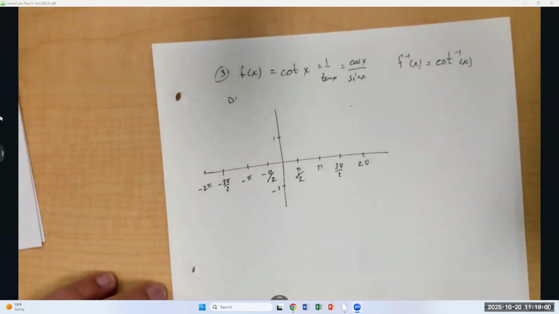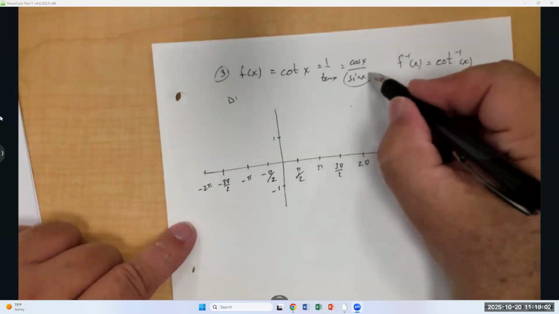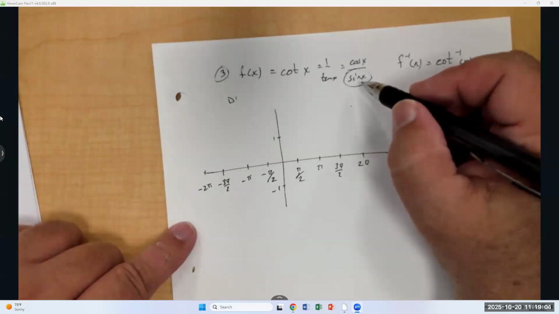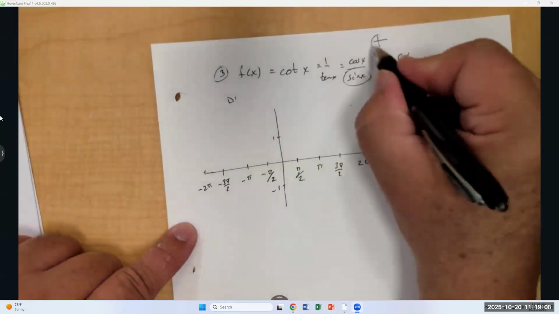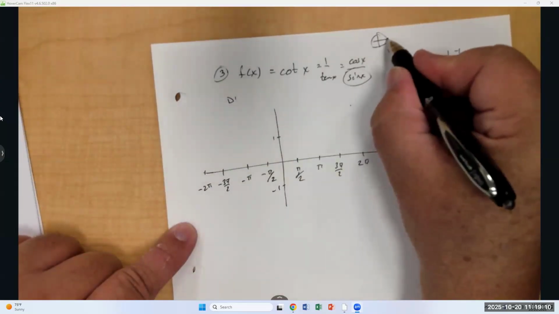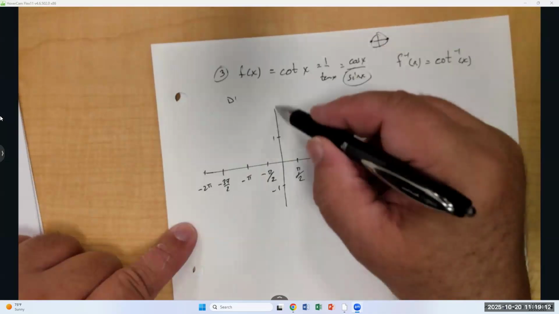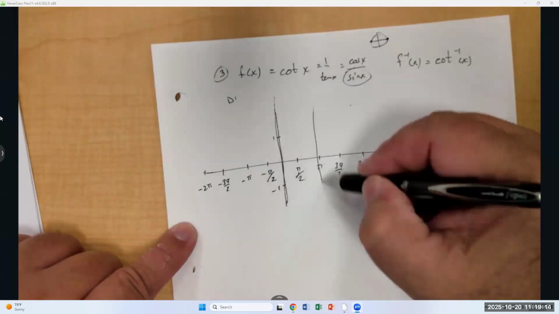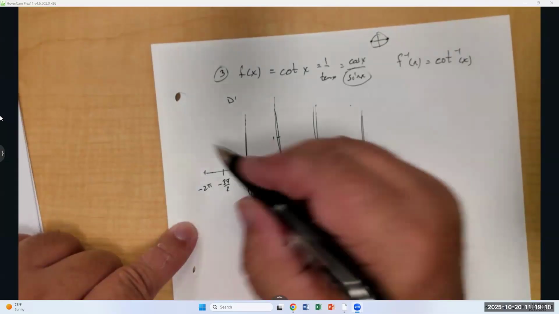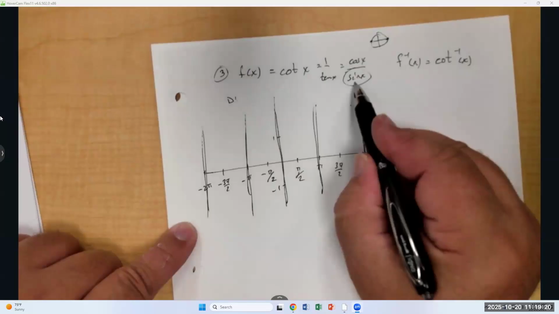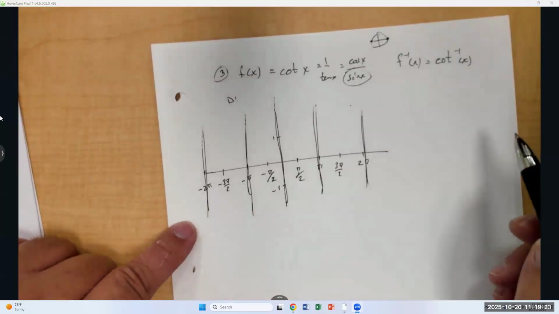Anywhere sine is 0, that's an asymptote. Remember, sine deals with the y values. It's 0 at 0, it's 0 at pi, and it's 0 at 2 pi. Those are asymptotes because the bottom is 0 at those points.